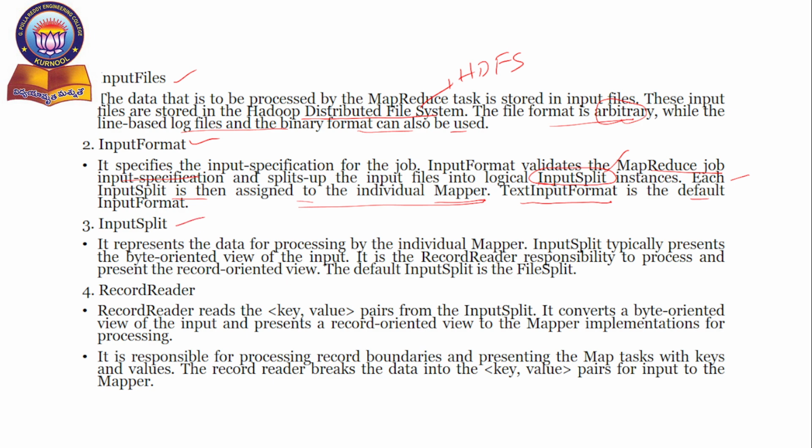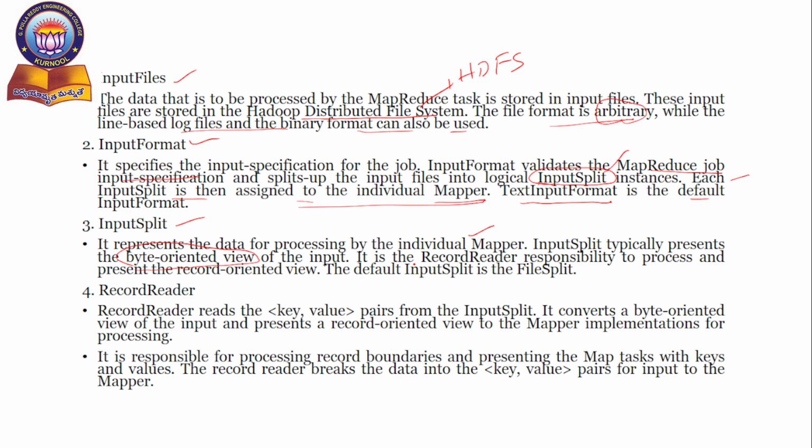Now the next one is input split. It represents the data for processing by the individual mapper. So whatever number of mappers we have, the input split represents the data that is required for the individual mapper. Input split typically presents the byte oriented view of the input. So the data seen by the mapper here will be in a byte oriented view.